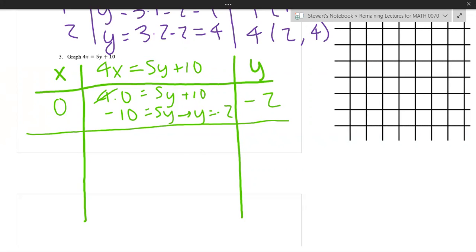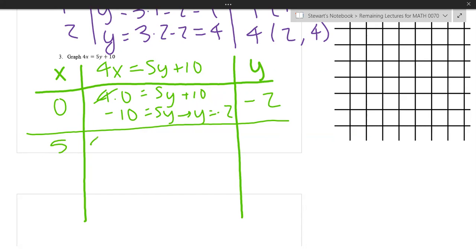Now, if we picked 1, we'd be left with a fraction, because you'd have 4 times 1, then you have to subtract 10, divide by 5, and you'd get a fraction. It's not super pretty. You can do it if you want. So I'm going to pick 5, since on the right side we're dealing with multiples of 5, 5 and 10, so that we don't have to deal with fractions.